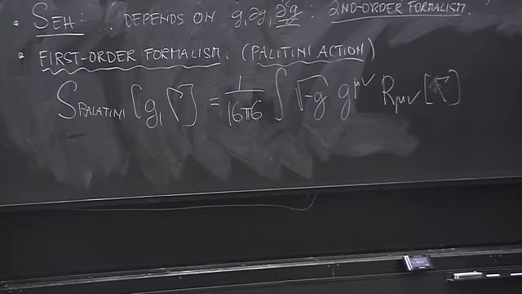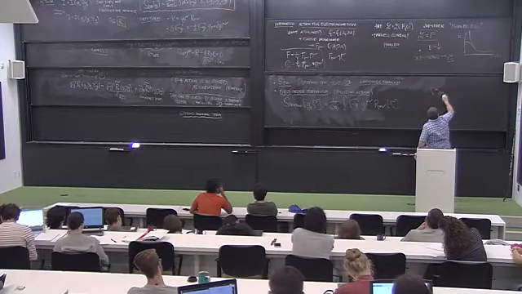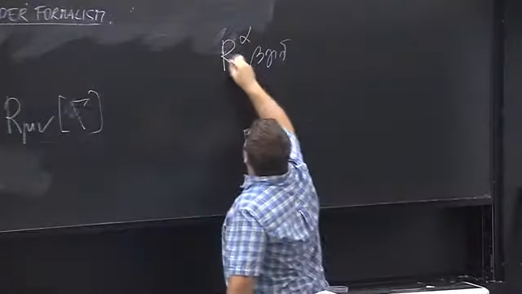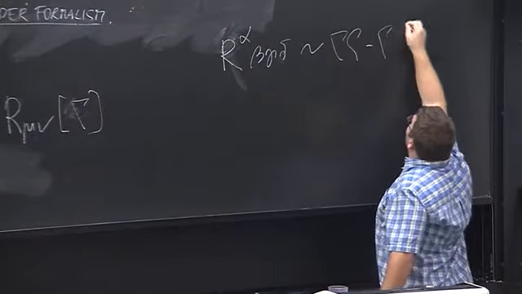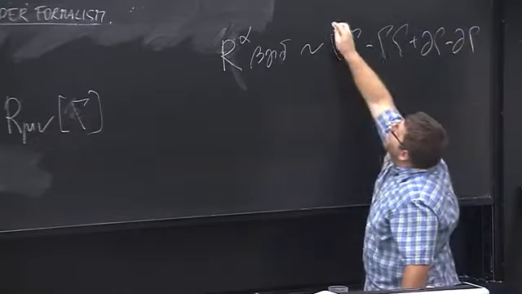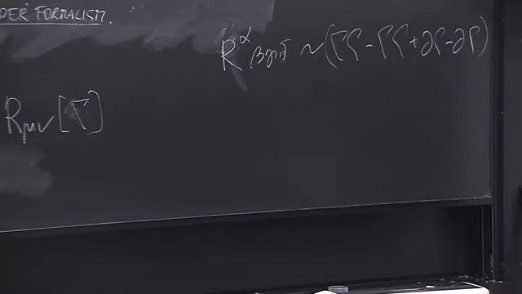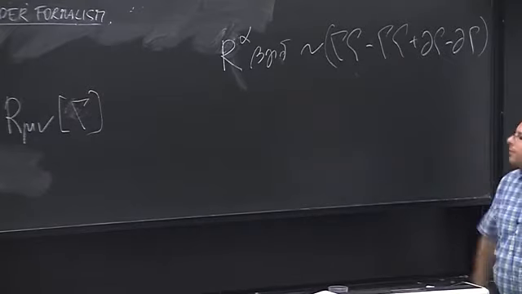Remember that you have this formula for the Riemann tensor R^alpha_{beta gamma delta}. It was something like gamma gamma minus gamma gamma plus d gamma minus d gamma. There was no metric whatsoever anywhere. So it's simply in terms of the connection.